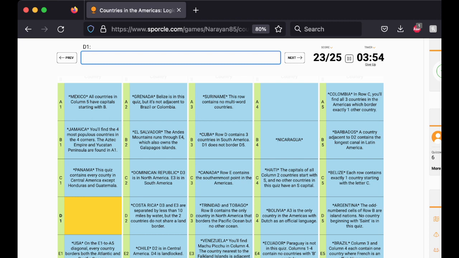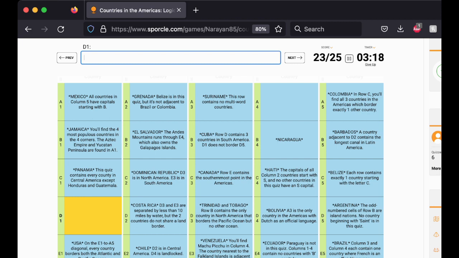Okay, we've done the C3 hint. Hint C4, the capital's going to start with S. So we've already done all of column 2. Each row contains exactly 1 country starting with C. So we have a C in every row now. Done the D3, row B. We did D4, Argentina.